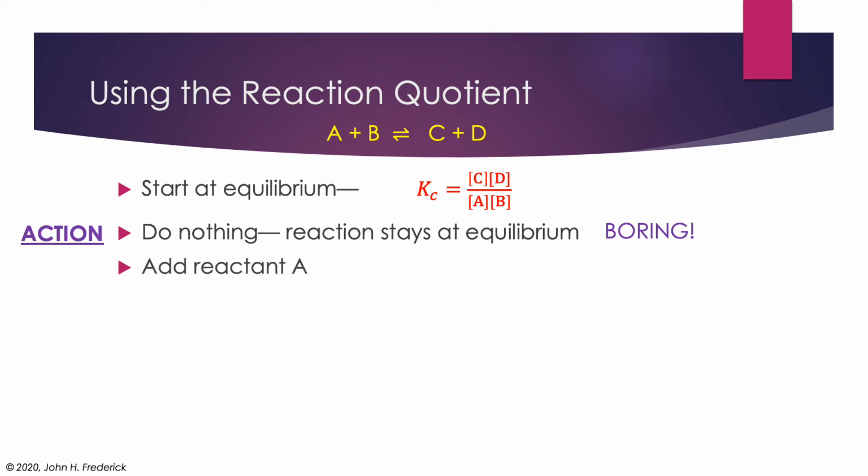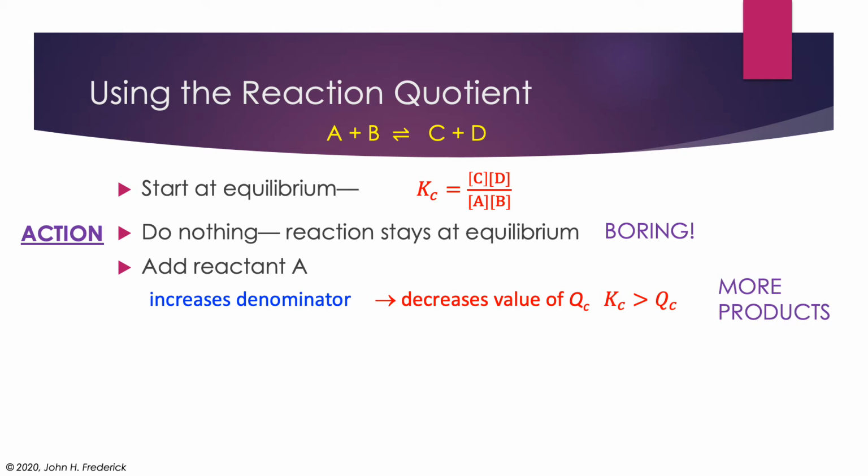The second action would be to add reactant A. Now what does this do? It's going to increase the denominator. Okay, so now remember Qc has got the same expression as Kc in all this. So if I've added something to A and everything else is at equilibrium values, then I've increased the denominator and I've basically caused a decrease in the value of Qc so that it is less than Kc.